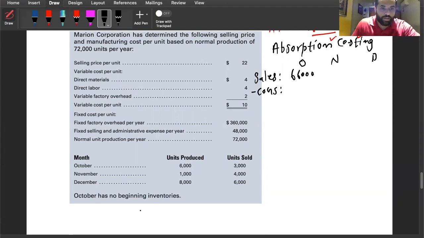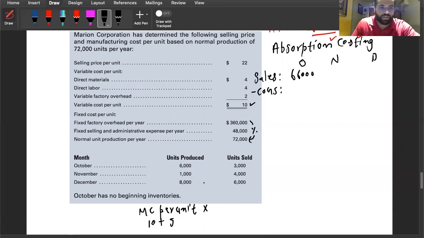So we have to calculate manufacturing cost per unit, right? How much did you calculate manufacturing cost per unit? 15. How did you get 15? 10 plus 10, plus, how did you get 5? Yes, 5 is 360 divided by 72.